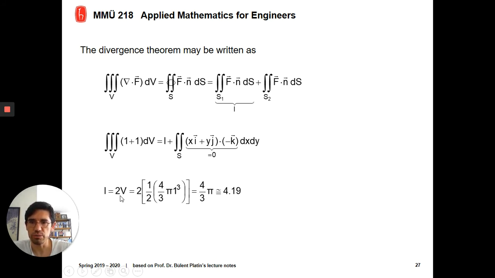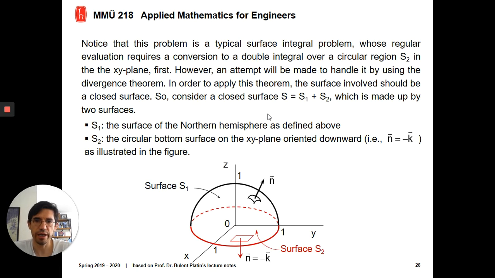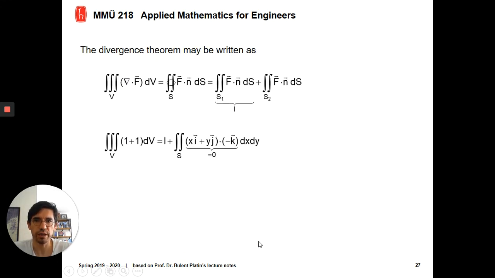So 2 volumes is going to be equal to the surface integrals. For surface 2, the dot product gives me a 0, so I don't have to deal with it, but this is the one that I didn't know, and that will be just equal to 2V because of my divergence theorem.